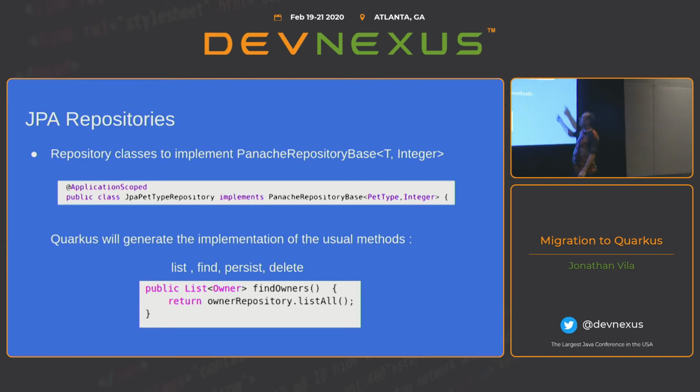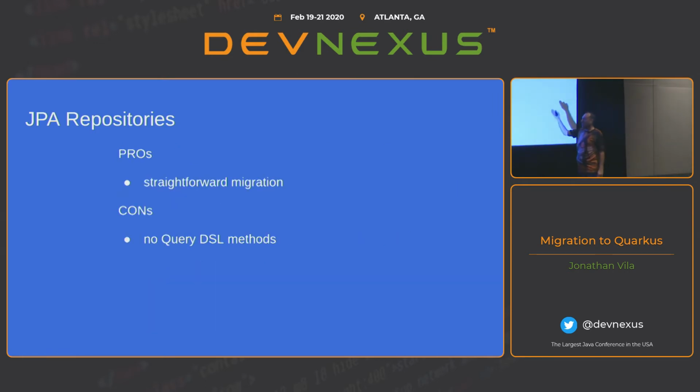So I needed to go to base and then define which is the class for the ID, right? Well, we implement this interface and we will have all the find, by, find, well, all the common methods for handling the entities. It's a straightforward migration.